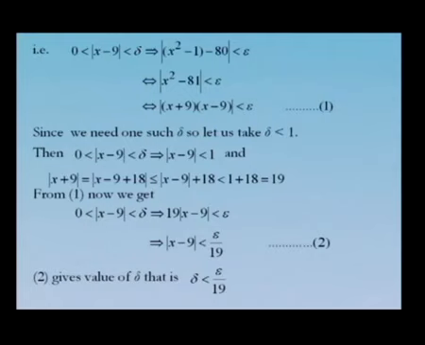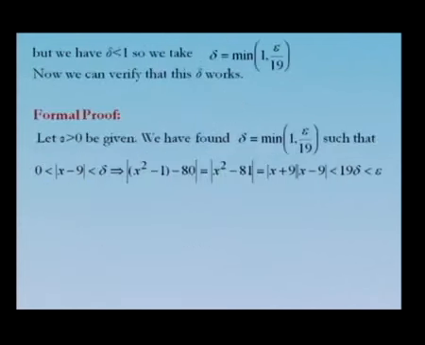So this suggests that delta should be less than epsilon by 19. We have also taken delta less than 1, so we take delta as the minimum of 1 and ε/19. Now let's verify whether this delta works or not.